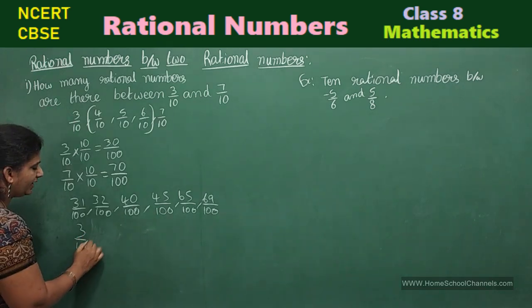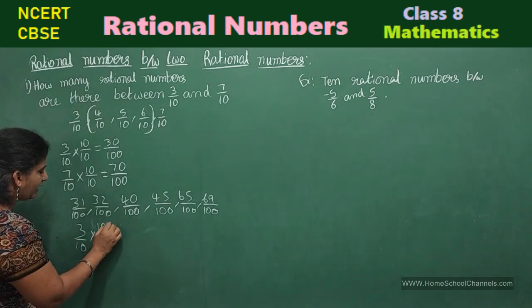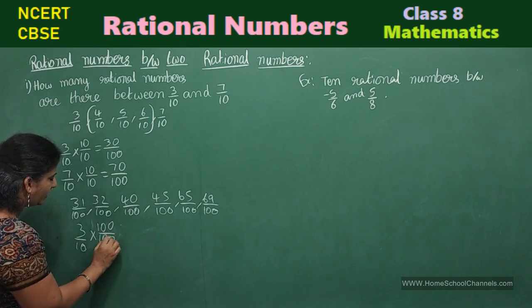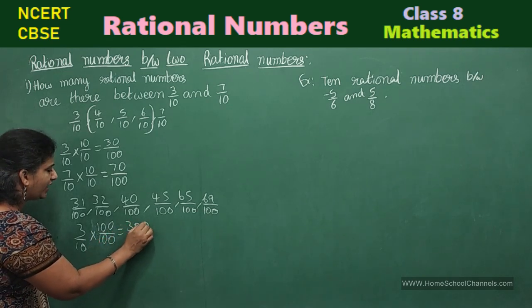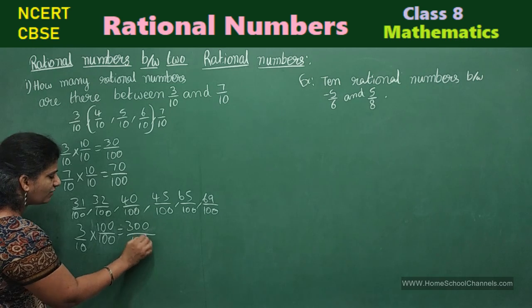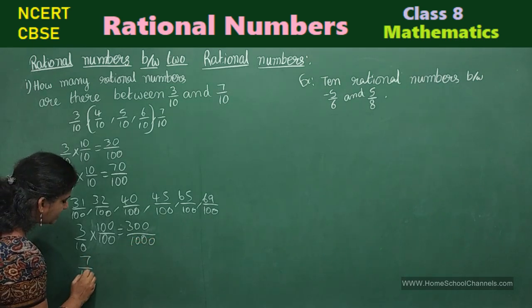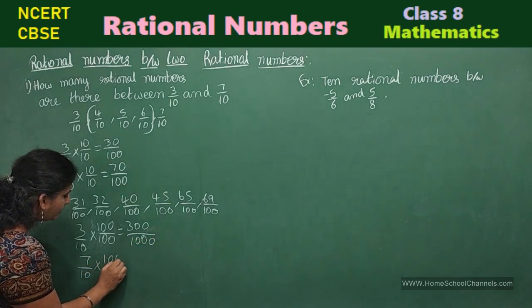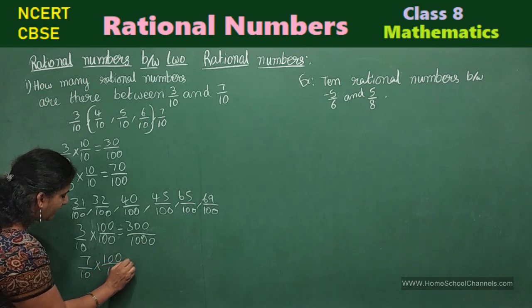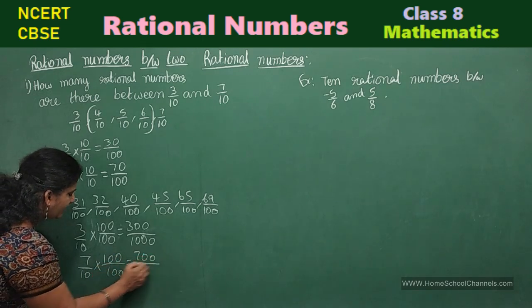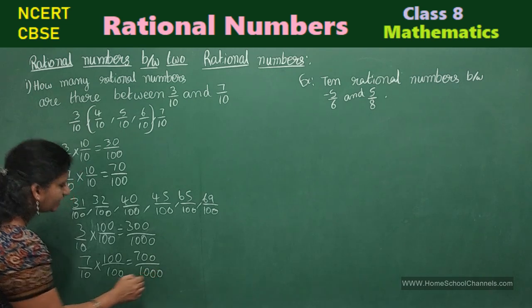For 3 by 10, suppose I multiply 100 in the numerator and denominator, it will be 300 by 1000. In the same manner, 7 by 10, if I multiply the numerator and denominator with 100, it will be 700 by 1000.